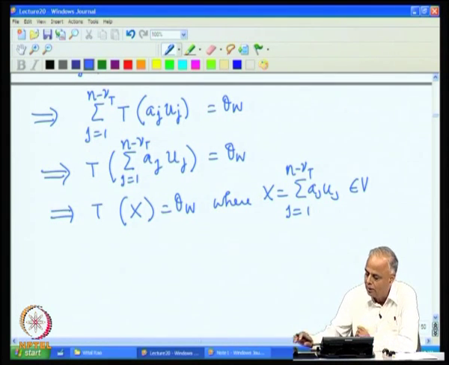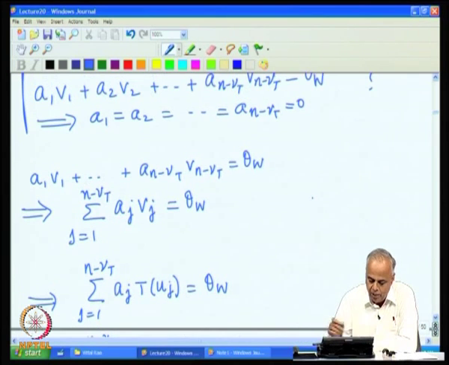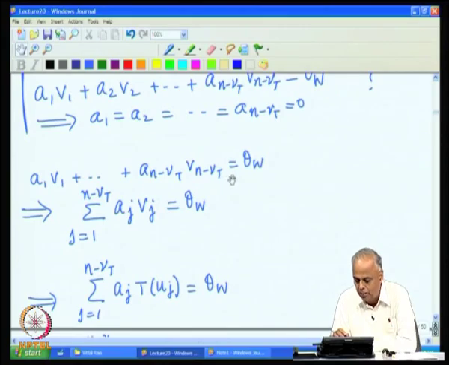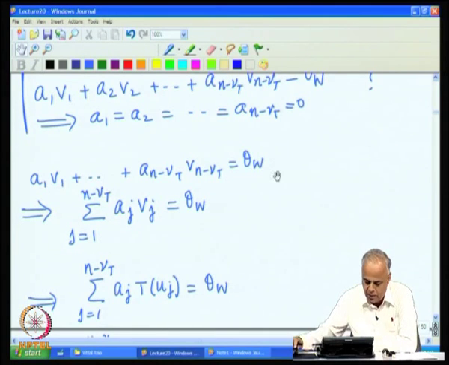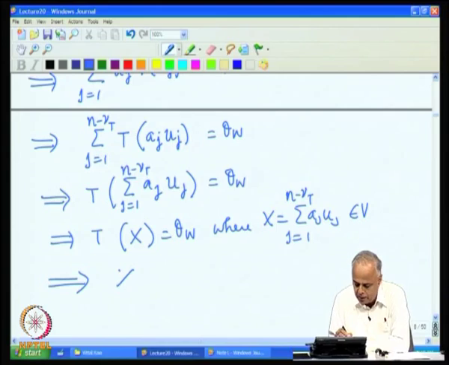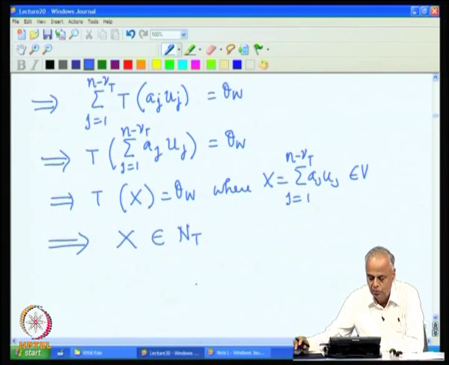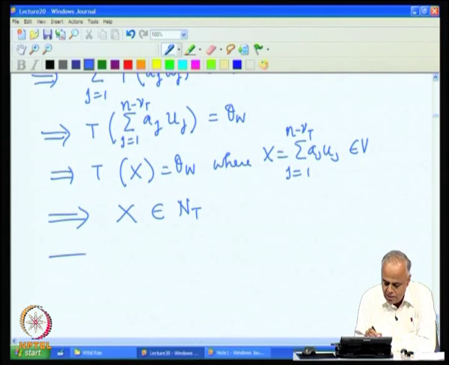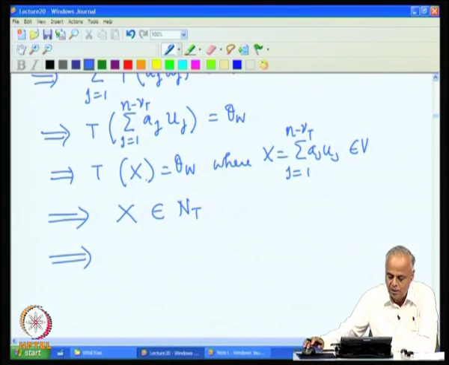So, if A1 V1 plus A2 V2 up to A n minus nu t V n minus nu t is the 0 vector, then this gives rise to a vector x which gets mapped to the 0 vector. If that is getting mapped to the 0 vector, x must be in the null space of T. Why is x in the null space of T? Because T x is equal to theta w.